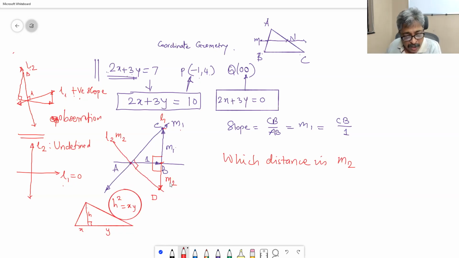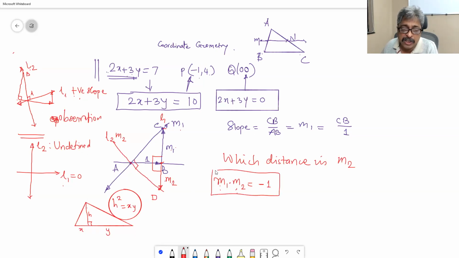And therefore M1 M2 is equal to 1 numerically, but both of them will have opposite parities. If M1 is positive, M2 is negative, and if M2 is positive, M1 is negative. Their numerical product, this is geometry, therefore x into y is equal to 1 square. Therefore, M1 M2 is equal to 1. But because their parities are different, M1 M2 is equal to -1.